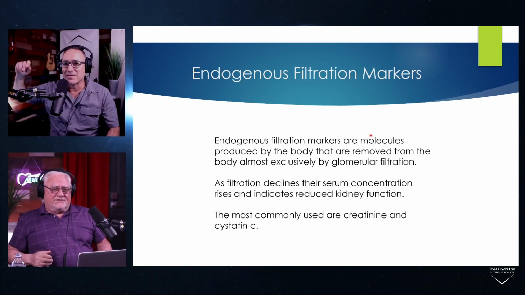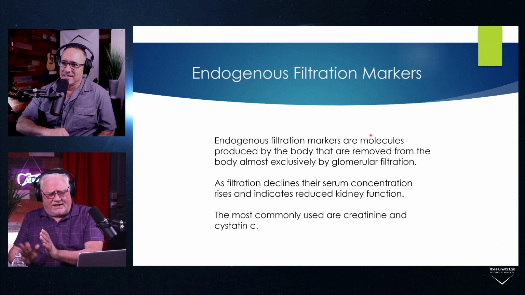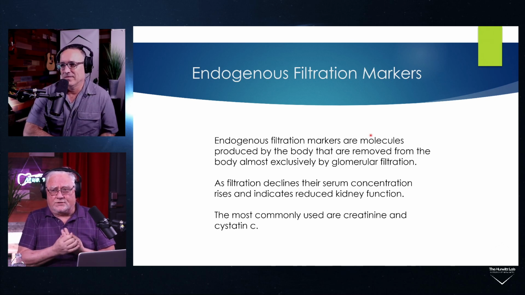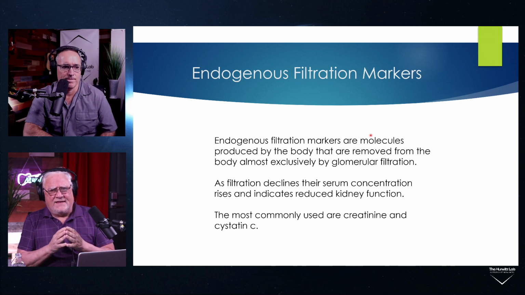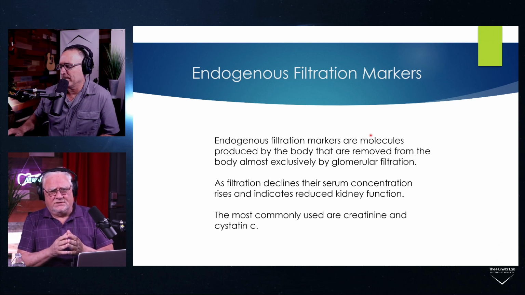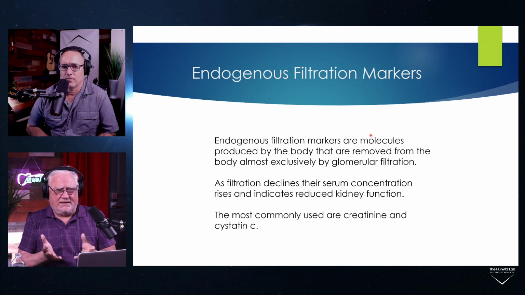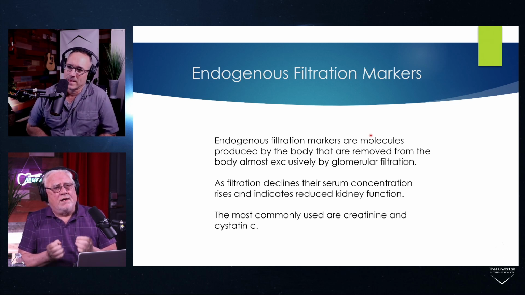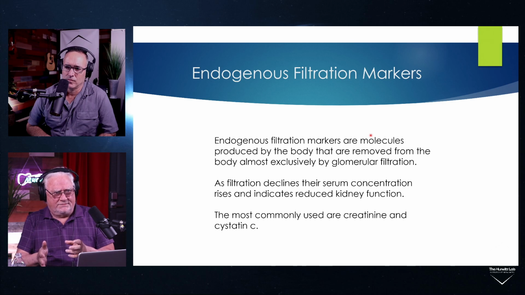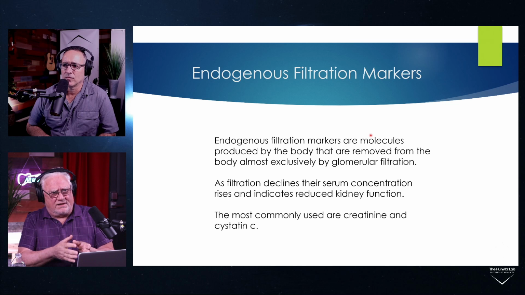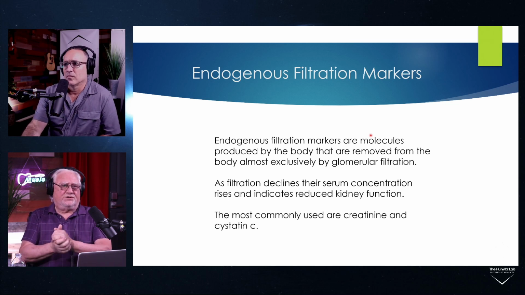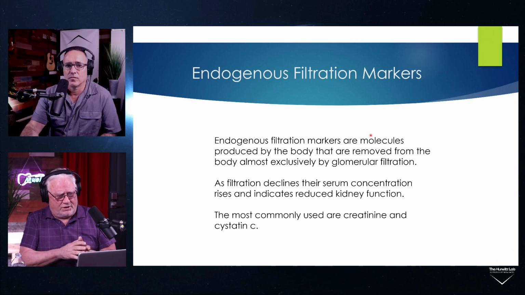Okay. Perfect. So we'll talk about exogenous markers in a minute, but what we really want to talk about are endogenous filtration markers. And that is solute that is organically generated in the body in one way or the other, but it functions as a filtration marker. It gets across the basement membrane freely, not bound to proteins, so the blood concentration and the Bowman space concentration is pretty similar.